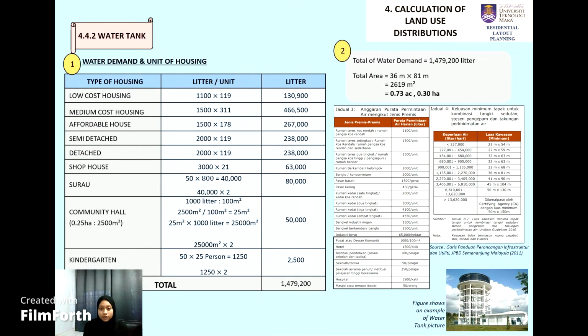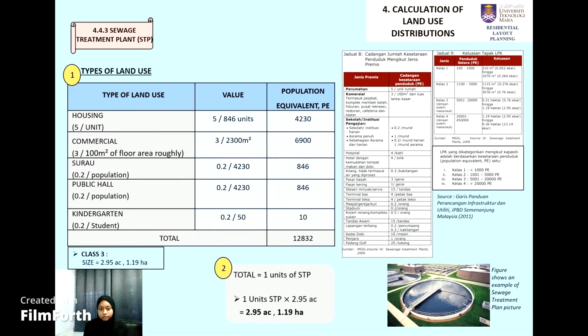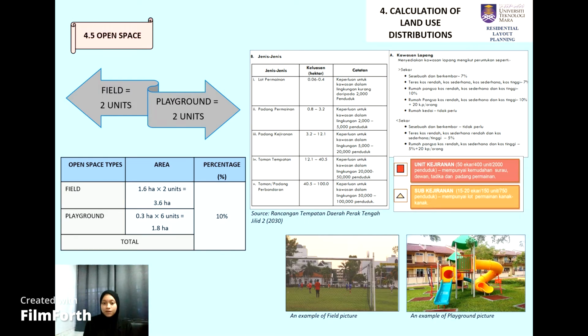For the water tank, the total water demand is 1,479,200 litres, and for that amount, the total area is 0.30 hectare. For the sewage water treatment plant, after calculating the value and population equivalent, we get a classification of class 3, which is 1.19 hectares.